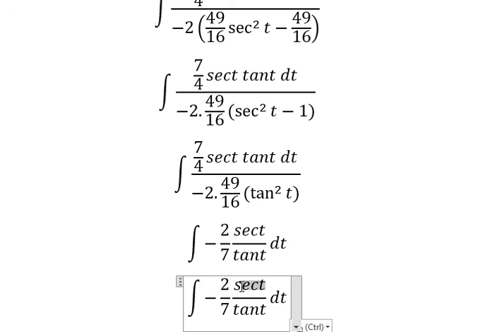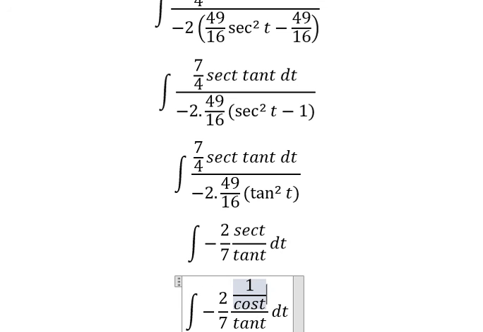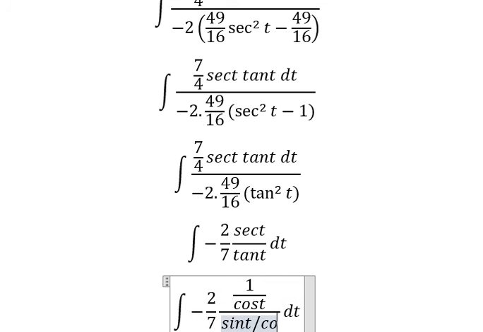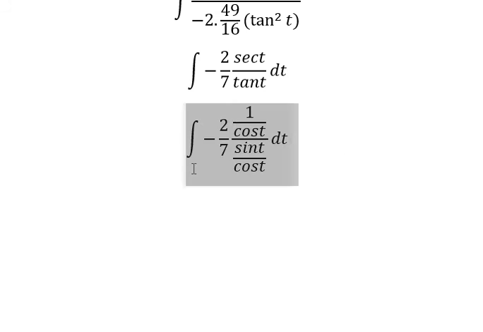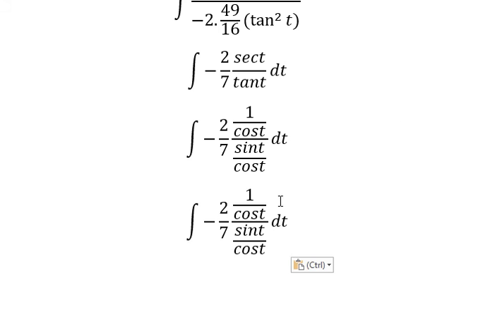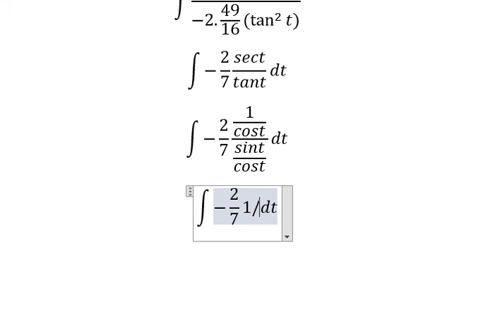Secant of t we change for 1 over cosine t. Tan t we change for sine t over cosine t. Now this one you get 1 over sine t.